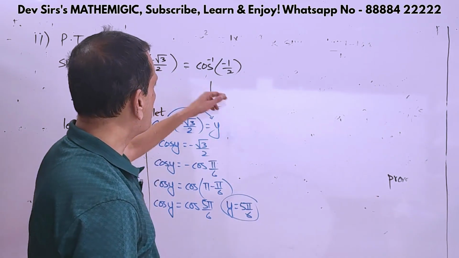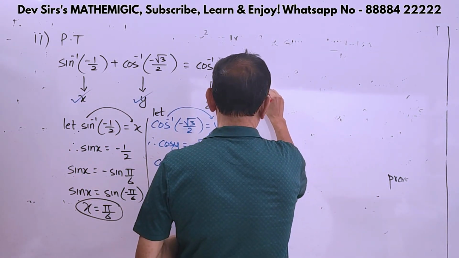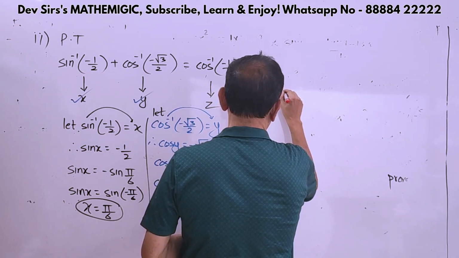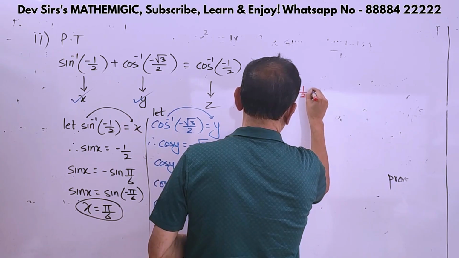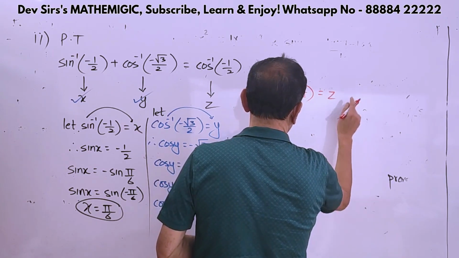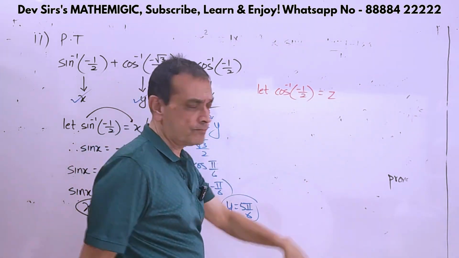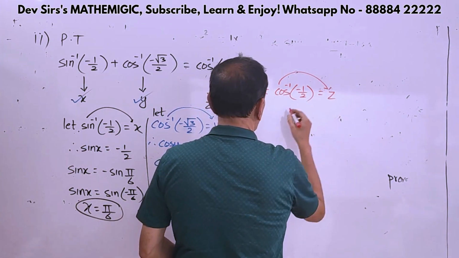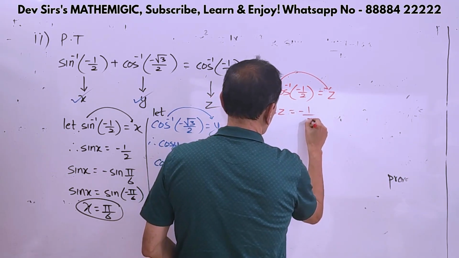Same method. Let cos inverse minus half equal to z. Therefore again cos z equal to minus half.